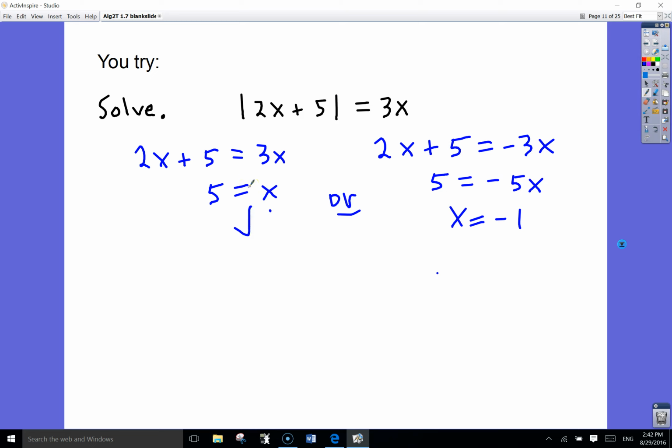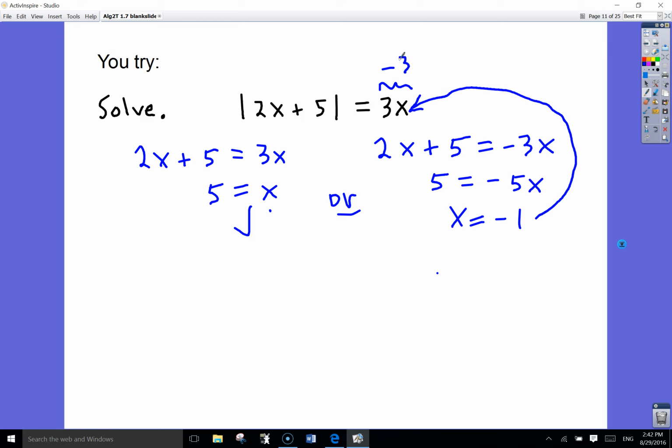Okay, if there's going to be an extraneous solution, it's probably this one right here. And here's what I'm going to do. I'm going to take this negative 1 and I'm going to put it right there, only on the right side. What's 3x equal if x equals negative 1? That means this equals negative 3. Is there any way for an absolute value to equal a negative number?